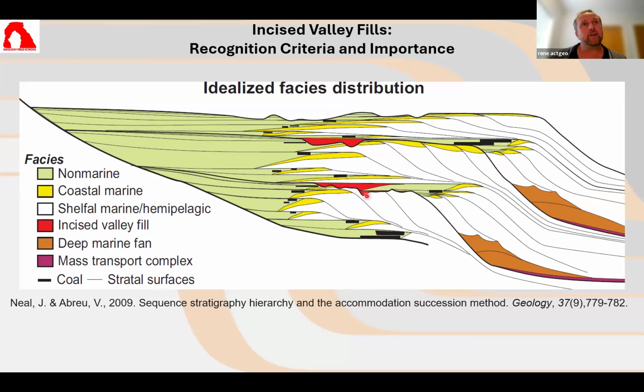Associated with that in the deeper water, we would have a potential lowstand fan deposited on top of that sequence boundary. So it's a really powerful surface to try to identify in making your depositional model. What we're going to do is look at the ways to identify these incised valleys and these sequence boundaries.